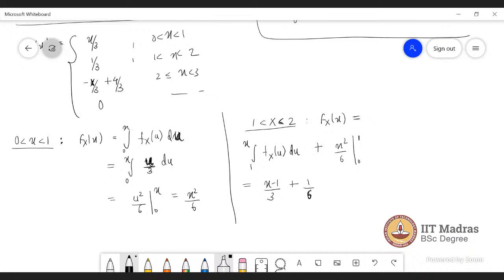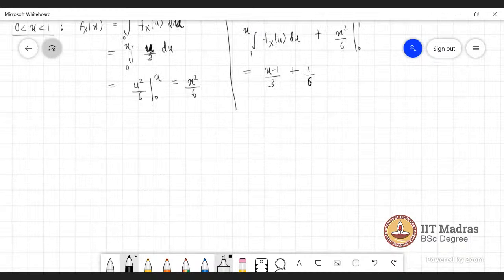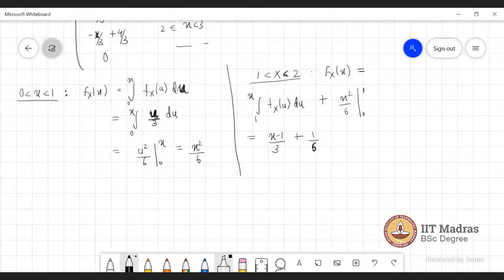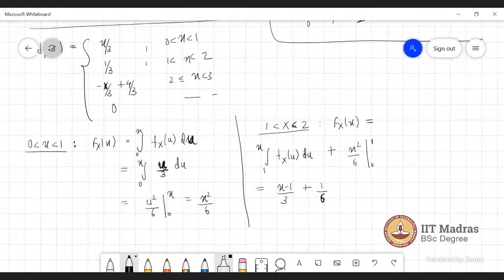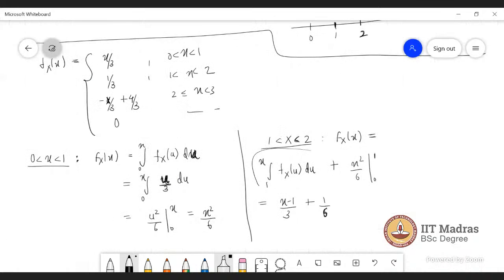So similarly, you try for 2 to 3. Okay, let's not spend a lot of time on this. For the second term, the limit will be 0 to 2 in that case, right? Why 0 to 2? 1 to 2, we are already doing this side. For the range x equals 2 to 3, I will integrate from 2 to x plus just 1 to 2 will be sufficient, no?